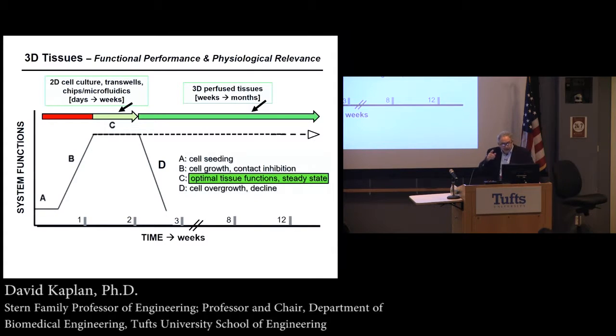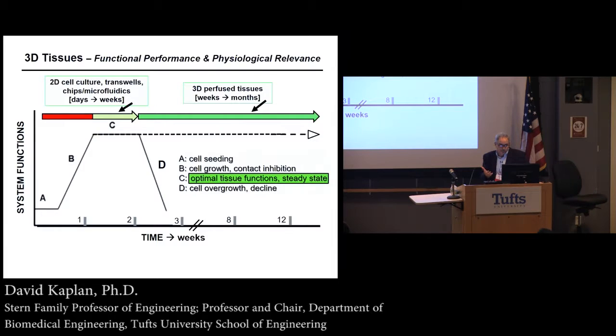So my last point of emphasis on the chronic versus acute is almost every system people use today is on the left-hand side there, whether it's 2D cell culture, transwells, microfluidics, tissue on a chip. They're all wonderful systems, but they end somewhere around 2 to 3, if you have a really good system, maybe 4 weeks. Great, but just keep in mind you're limiting what you can then use those systems for because they're not steady past a few weeks.